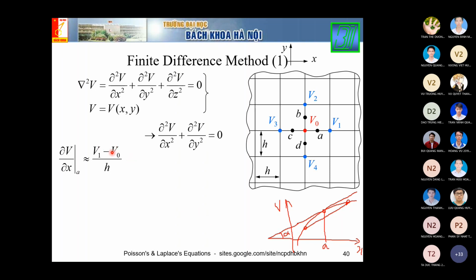So the numerator here is a difference. And because the difference here does not approach 0, it is a finite difference. That explains the name of this method, finite difference.